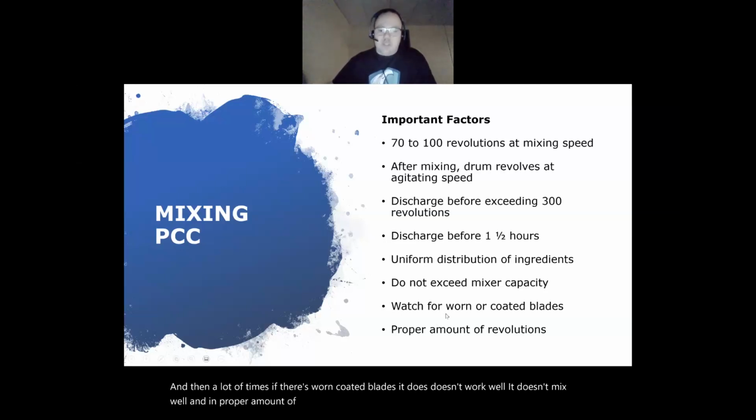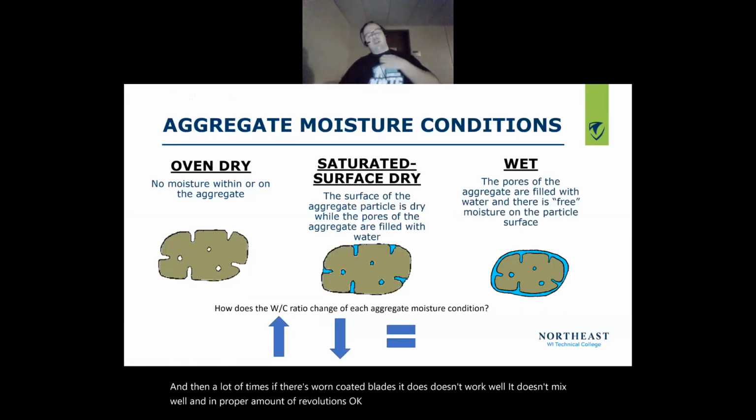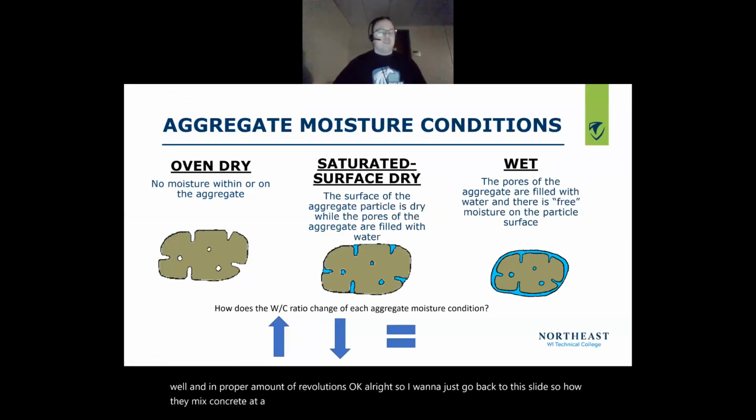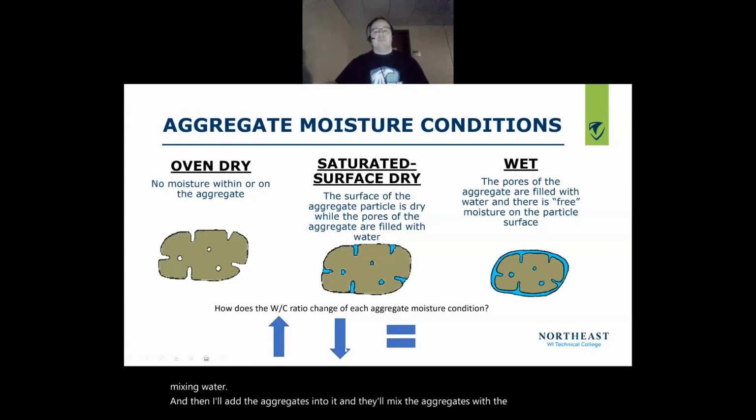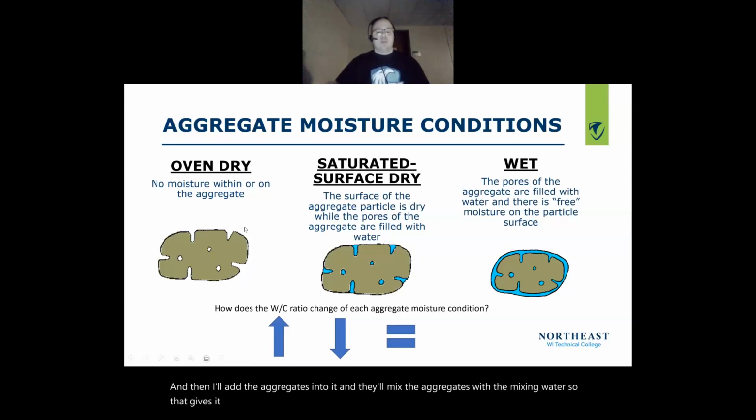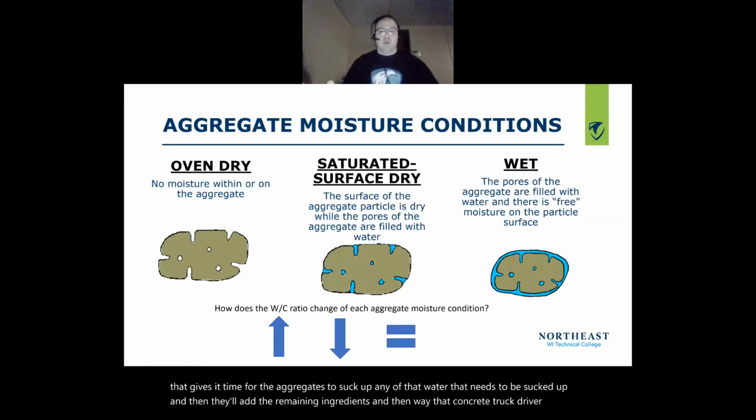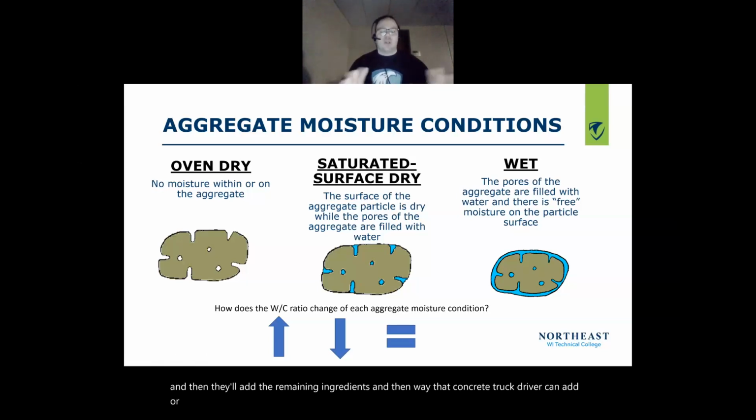All right. So I want to just go back to this slide. How they mix concrete at a plant is typically they'll add about half of their mixing water, and then they'll add the aggregates into it, and they'll actually mix the aggregates with the mixing water, so that gives the aggregates time to suck up any of that water that needs to be sucked up, and then they'll add the remaining ingredients, and that way the concrete truck driver can add or subtract if he needs more water or less water due to the aggregate condition.